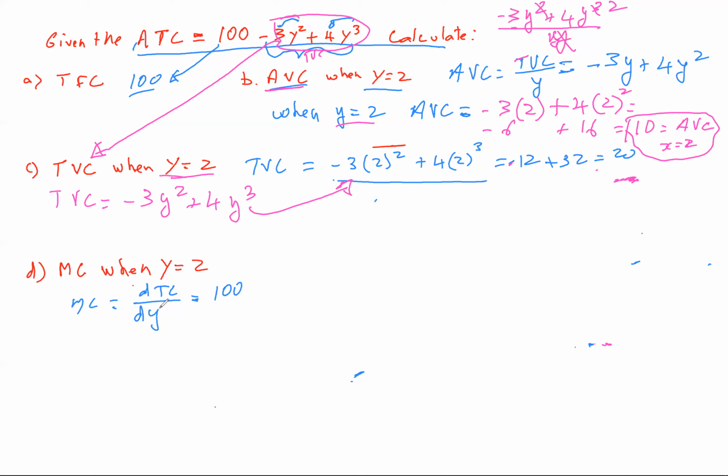The marginal cost is the derivative of the total cost. So it's also straightforward. We just take the derivative of the total cost. I'm looking at the total cost there.